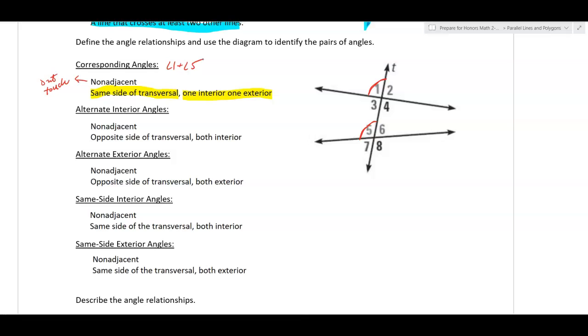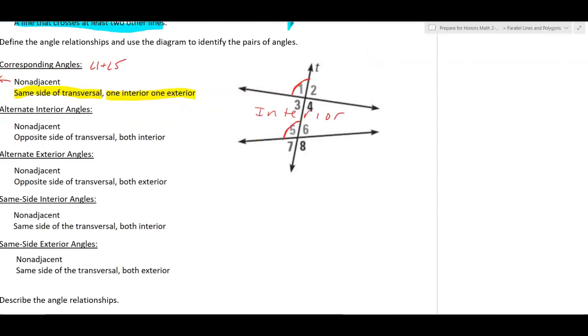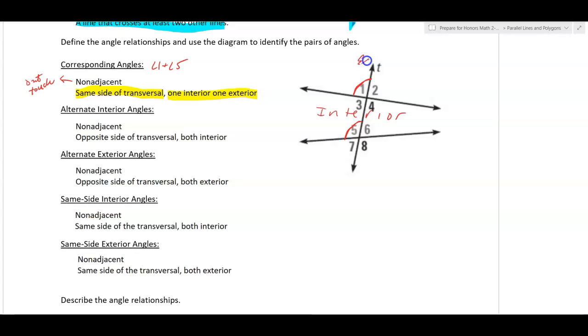One's interior. When we talk about interior, that is in between the lines here. Exterior is outside those lines. That's exterior. This is exterior. So another pair of corresponding angles would be 3 and 7.